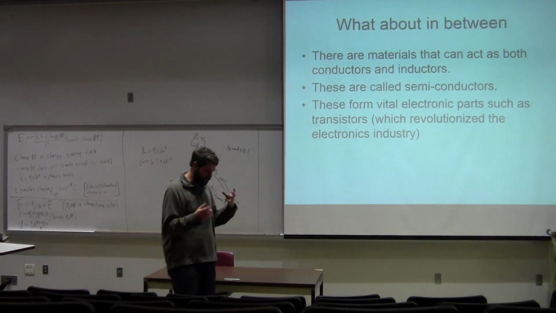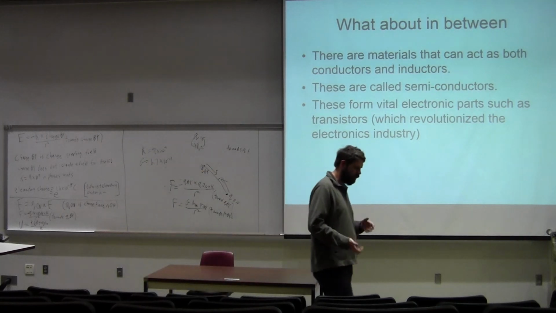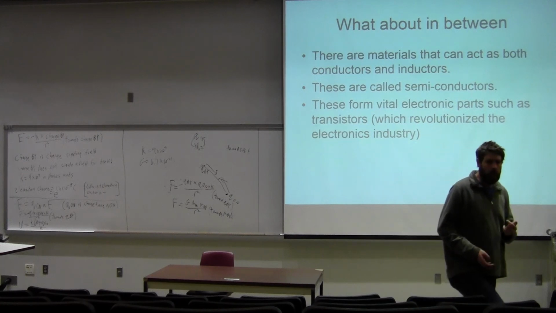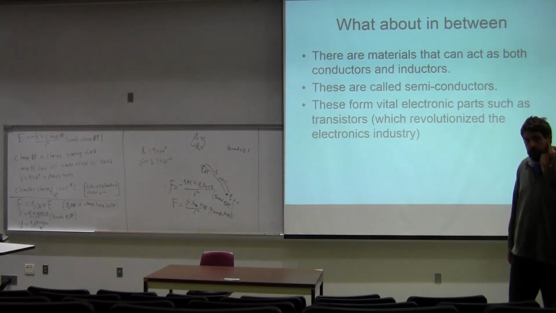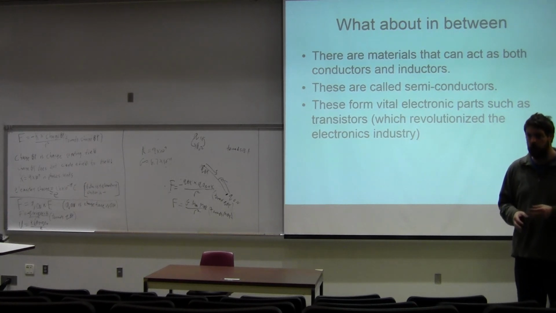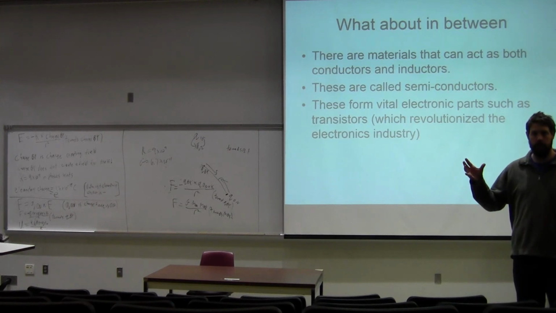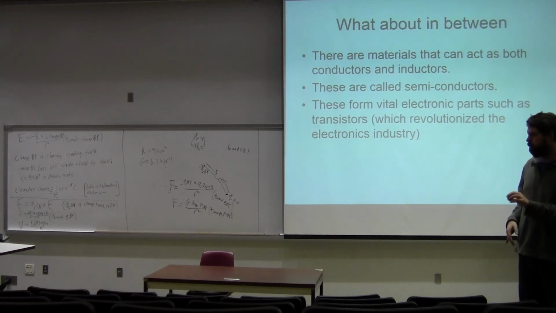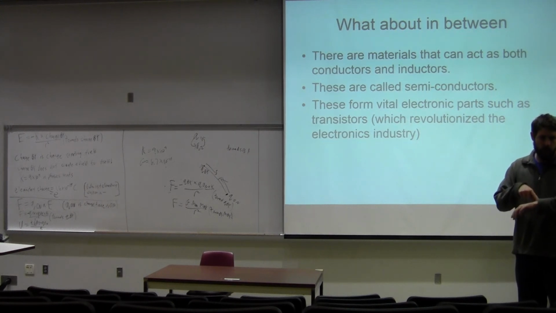And this allows you to create a circuit that can do different things based on whether you change the voltage. This allows you to do computing. And it's revolutionized electronics because it allows you to make things a lot smaller. It's semiconductors that allowed us to take computers from being the size of a giant warehouse and putting them in your watch.